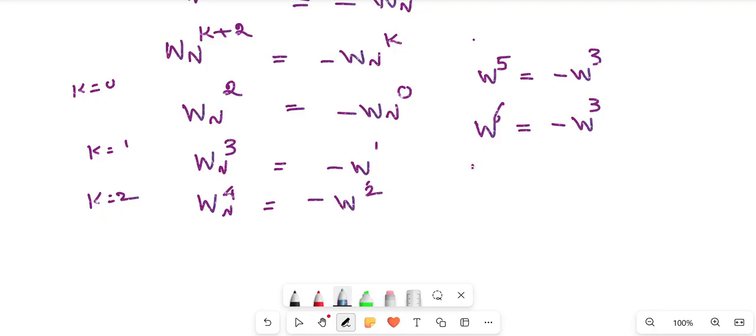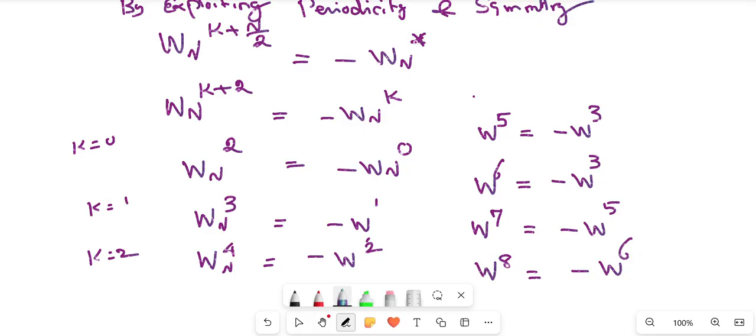W power 7 is equal to minus W power 5. So W power 8 is equal to W power 6. So because of this periodicity and symmetry property, we can write W power k plus N by 2, which is equal to the complex conjugate of W N.